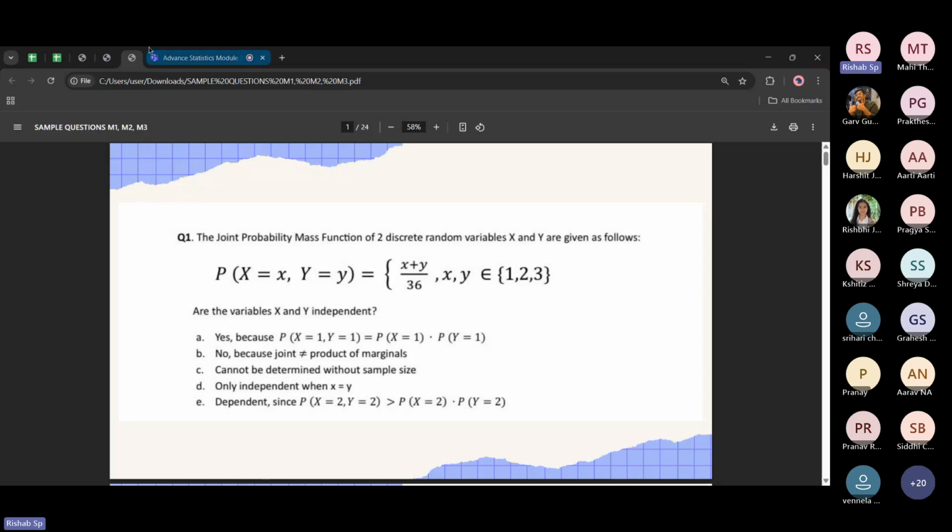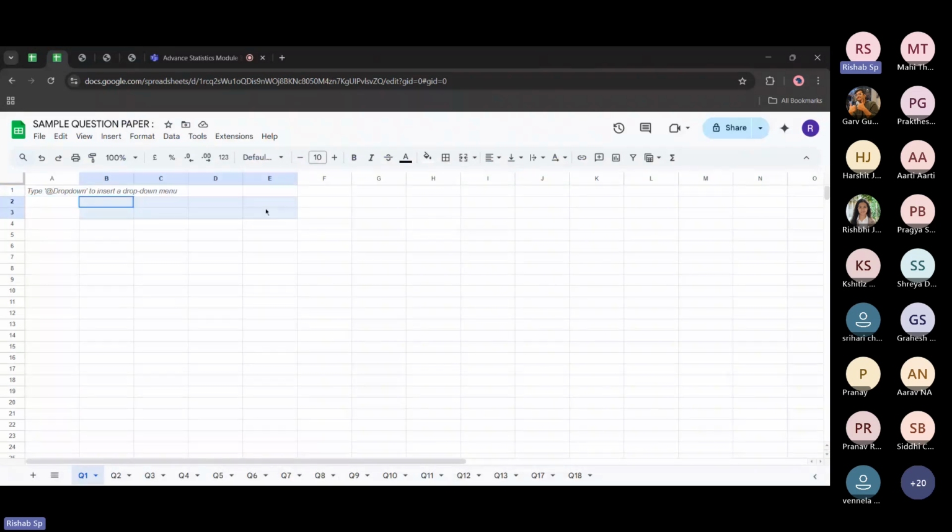But here, the approach is: P of y into P of x is equal to the probability of both x comma y.